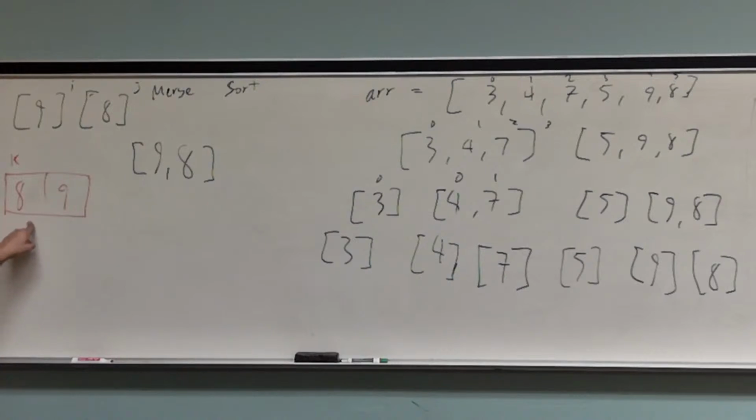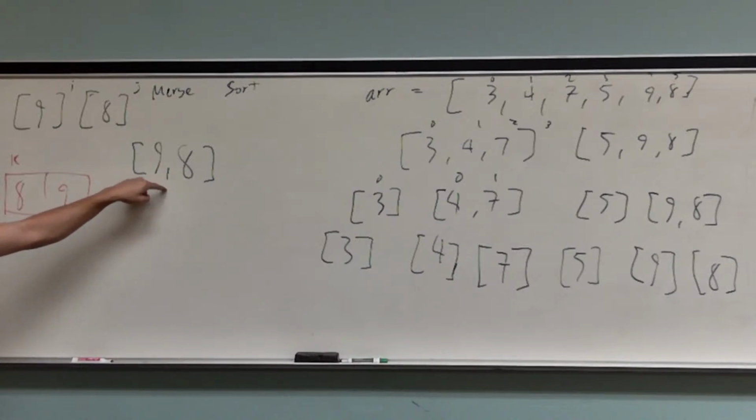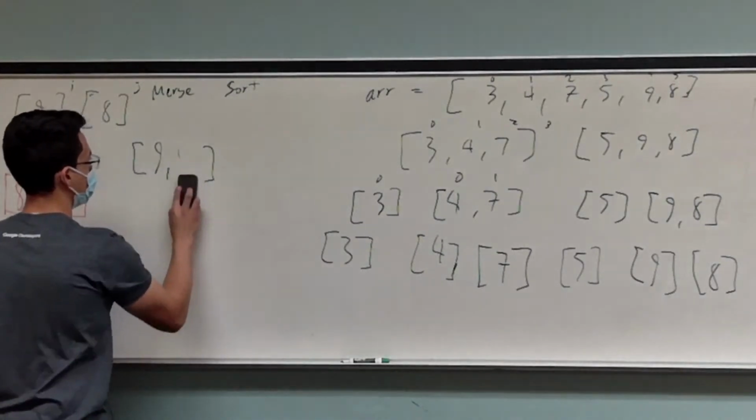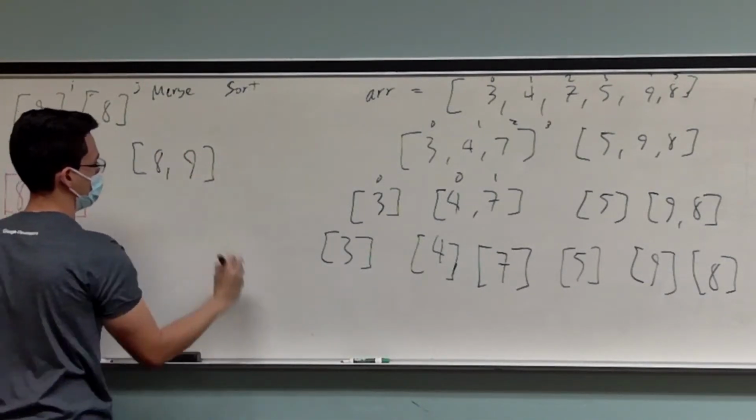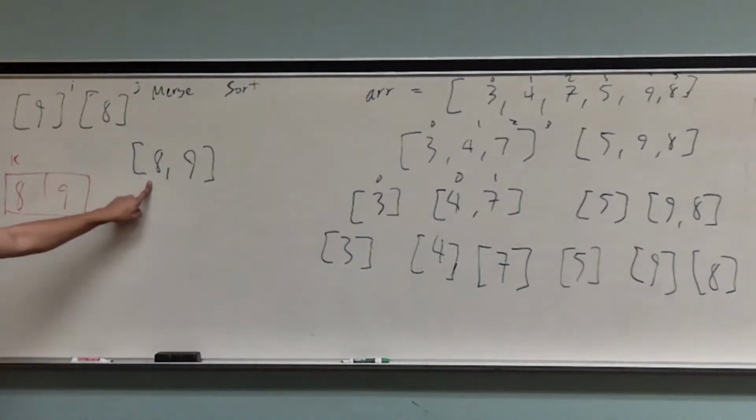But now we have a sorted list here. So let's fill up the actual array slice subsection with these values. So then you overwrite them. Right? And you get this. And that's what you return.